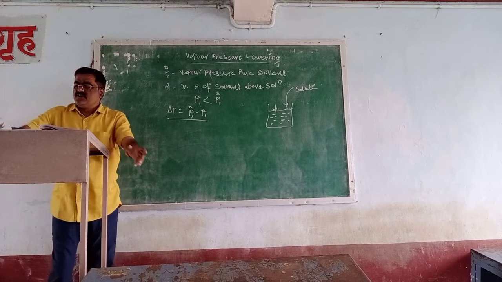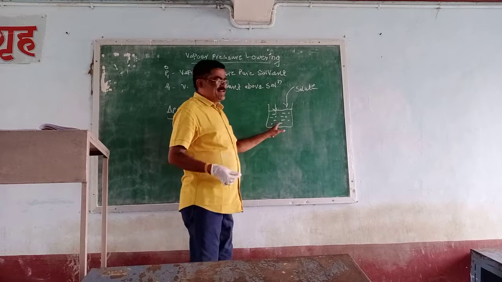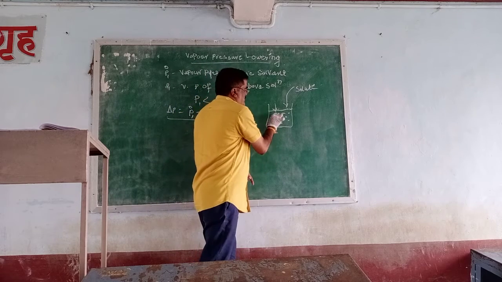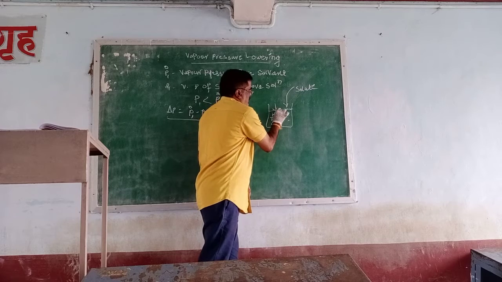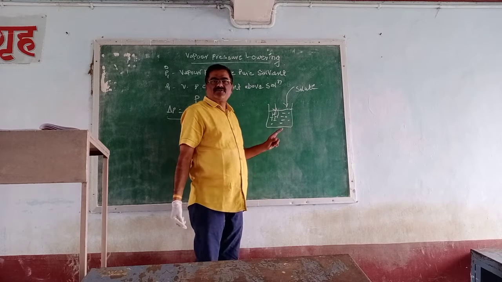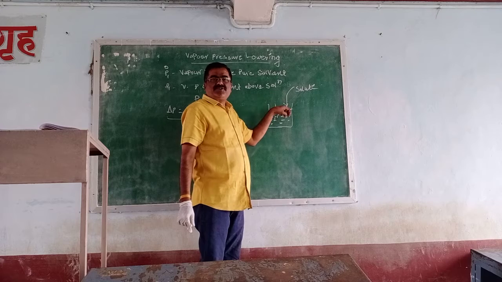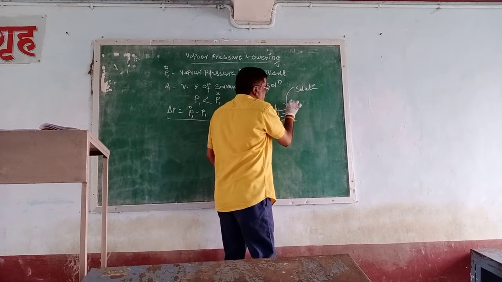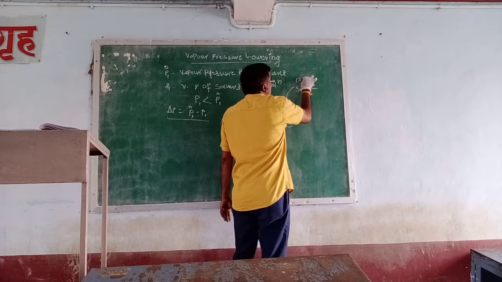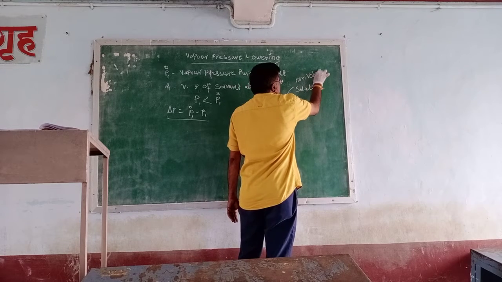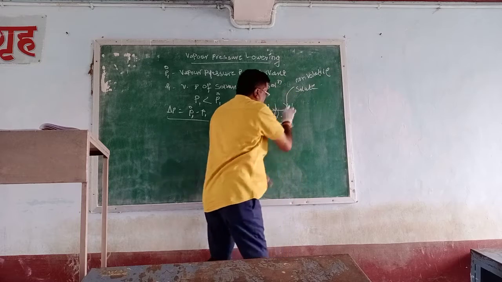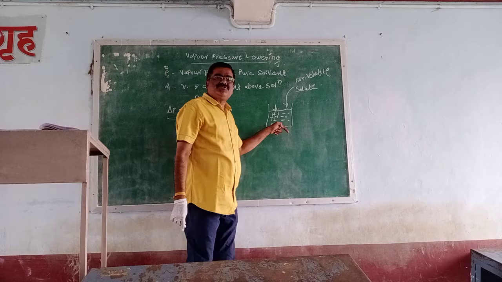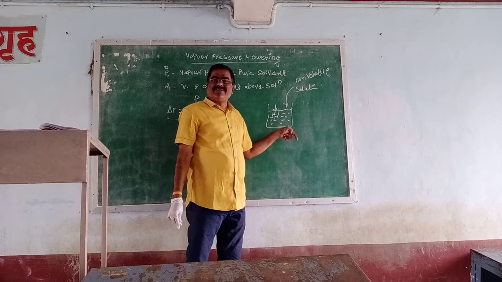Means when the pure solvent is taken into this container, the vapors will be coming upward, and that creates pressure on the surface of the solution. But when a non-volatile solute is added into the solution, the rate of vaporization of the molecules will be decreased.